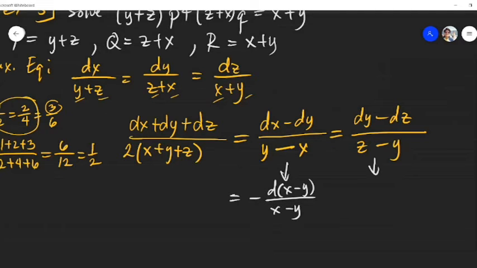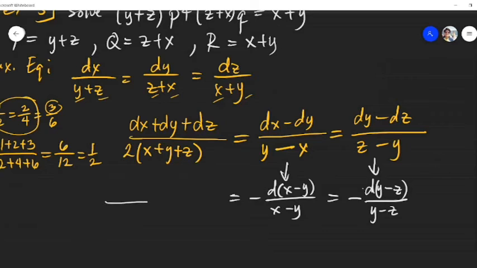And we can easily see that this is just a negative of du over u, so we can integrate this. Also, same with the third fraction, we have a negative of the derivative of y minus z over z minus y; change this into y minus z because we took out the negative. So we have du over u again, so we can integrate this easily also.